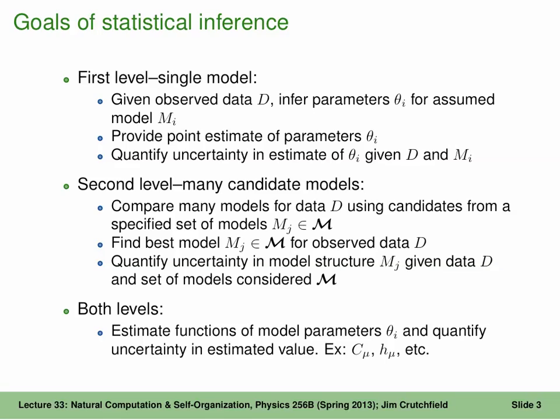So a particular model has a certain set of parameters. Today we have two goals. The first is to provide a point estimate of parameters. So the transition probabilities are 20% this way, 80% that way. You get a particular number. But with finite data, everything is always uncertain, so that's only half of the story.